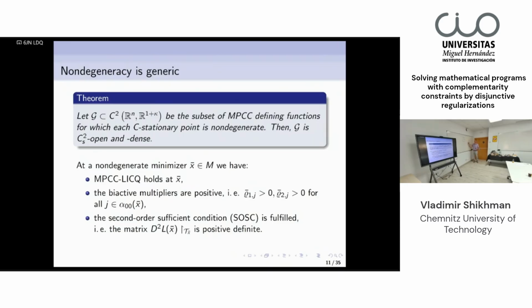So if it grows in this direction, this is a minimizer, right? That's clear. And if it looks in this other direction, it will be a saddle point. We shall see in a moment.